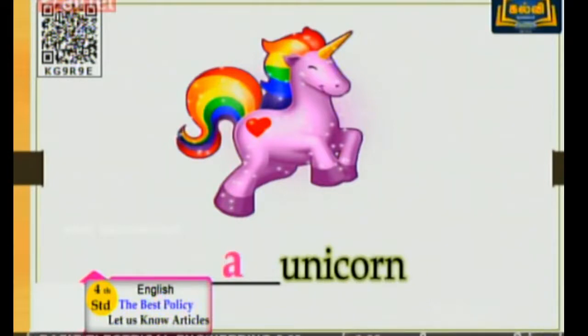Is it clear for you? So I think you very well understood the usage of the articles A and an. When the word sounds with A, E, I, O and U, you have to use the article an. For other sounds, you have to use the article A.